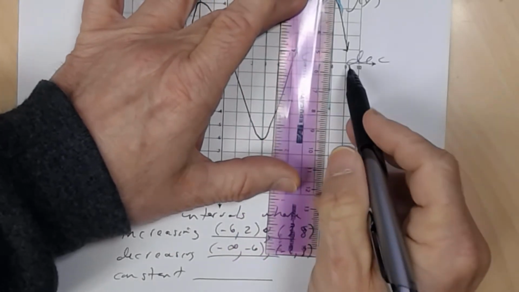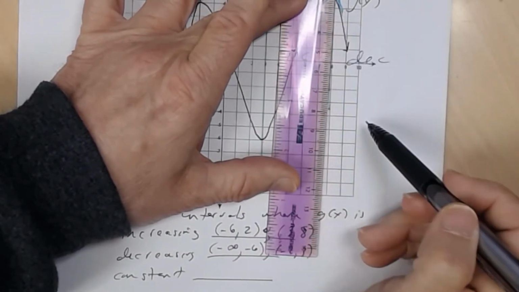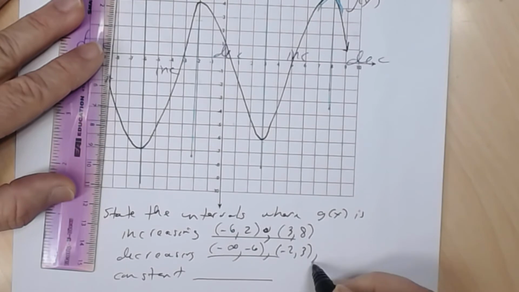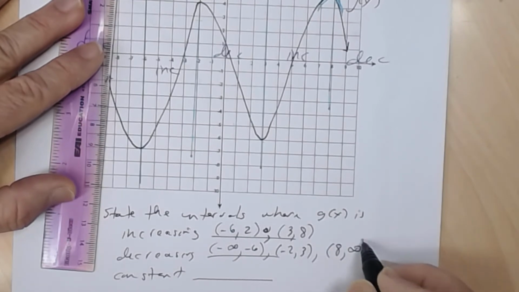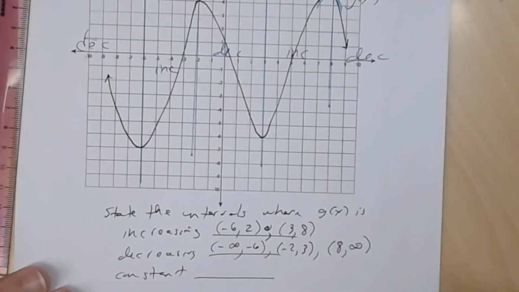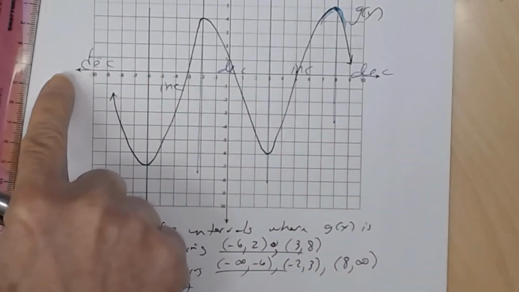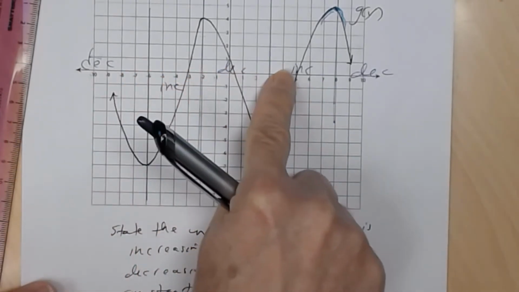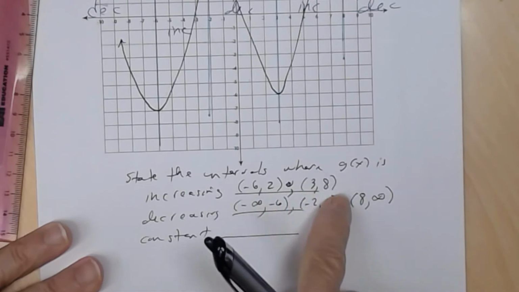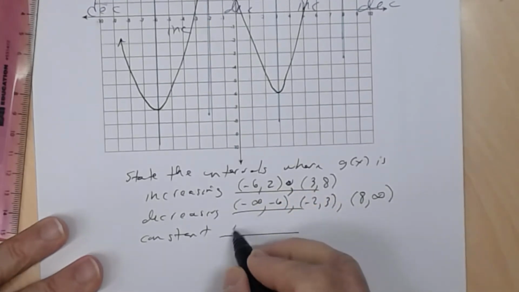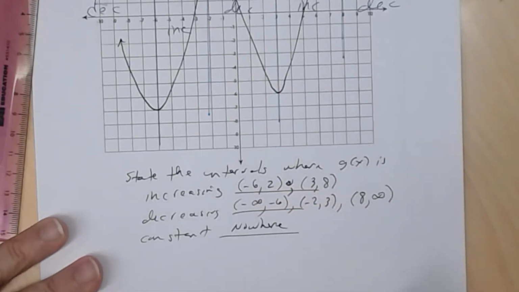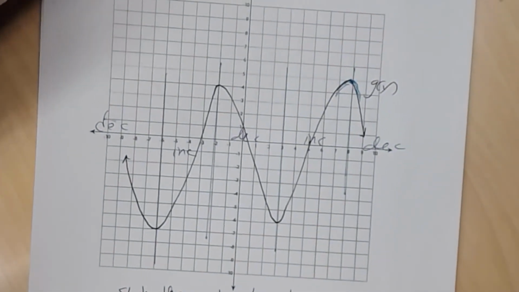And then from 8 to infinity, what are those y values doing? Decreasing. So from 8 to infinity, your y values are decreasing. So notice, how many intervals did I have here? 1, 2, 3, 4, 5. How many do you see here? 1, 2, 3, 4, 5. And then it's constant nowhere. Okay? All right. Number 6.